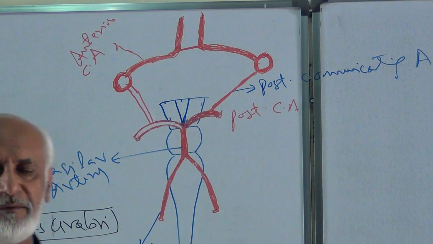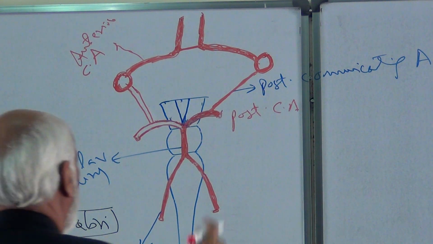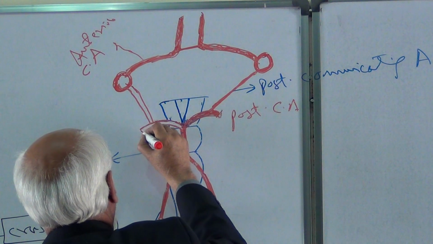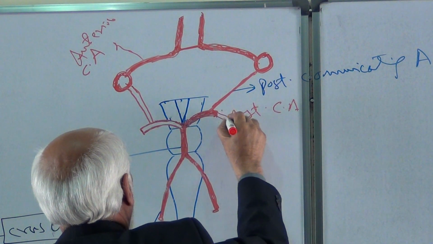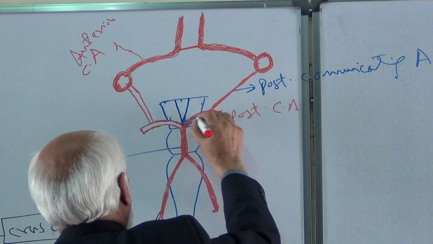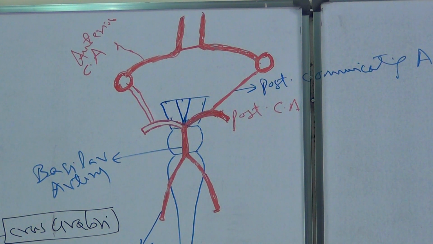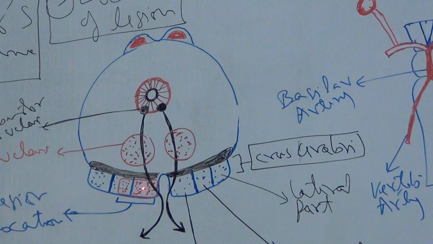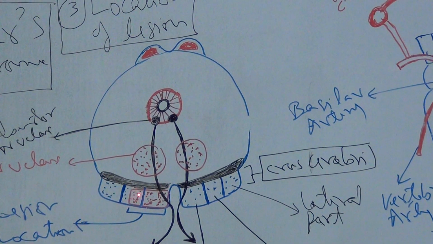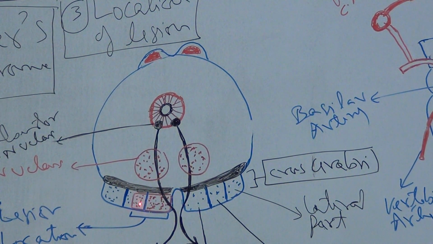Here, when the blood flow is disturbed for any reason, it will result in infarction of this area of the midbrain. Which area? It will affect the medial part of the crus cerebri and the adjoining part of the intermediate part of the crus cerebri.